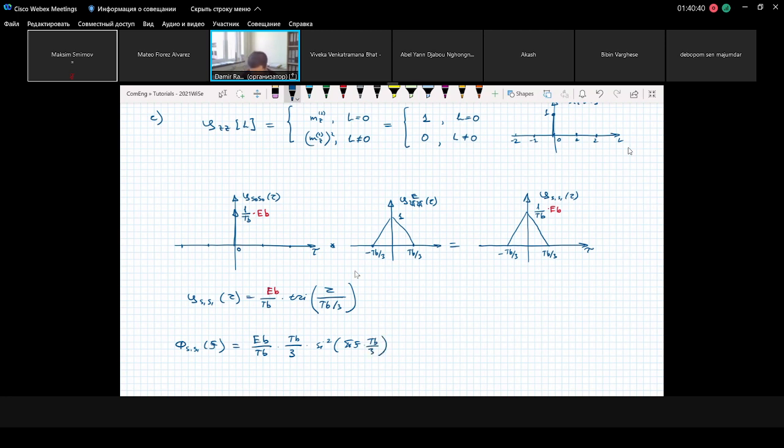We can cancel TB and TB, and the result will be equal to EB over 3 times sinc square function of F TB over 3. So this is how it looks like, and this is the final result for this question.